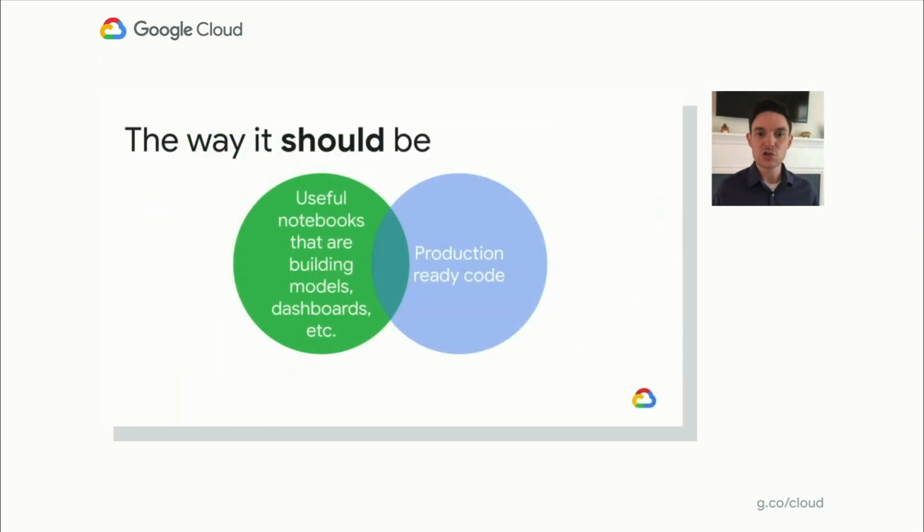The data scientist should be able to create a notebook and then take that notebook and have it turn into production-ready code or productionalize their notebook as easily as possible. In essence, notebooks should be easy, configurable, and all in one place. There shouldn't be a lot of steps, there shouldn't be a lot of friction, and there shouldn't be a lot of organizational frustration in trying to both enable notebooks and also control them at the same time.